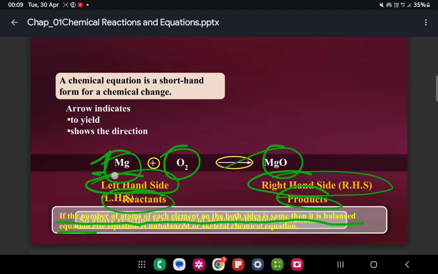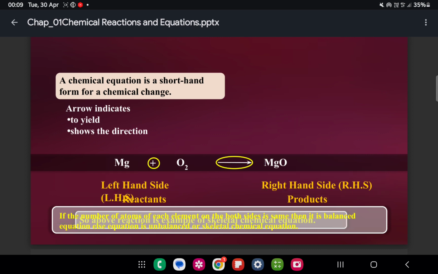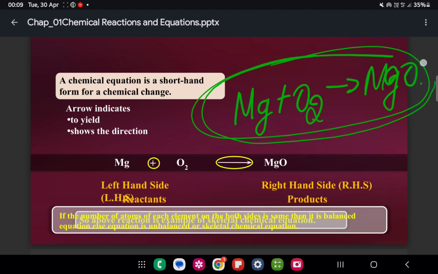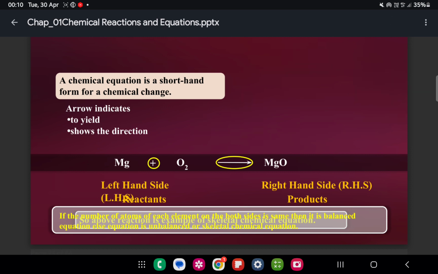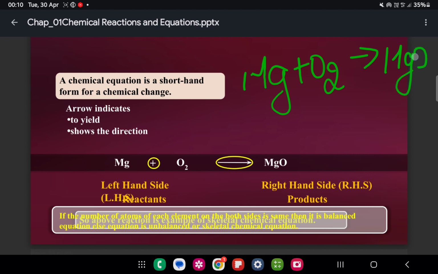Here magnesium plus oxygen gives rise to MgO, magnesium oxide, but it is not balanced. Then we have to balance it, and it is called a balanced chemical equation. We have to balance it, so we will write it as Mg plus O2 gives rise to MgO2.